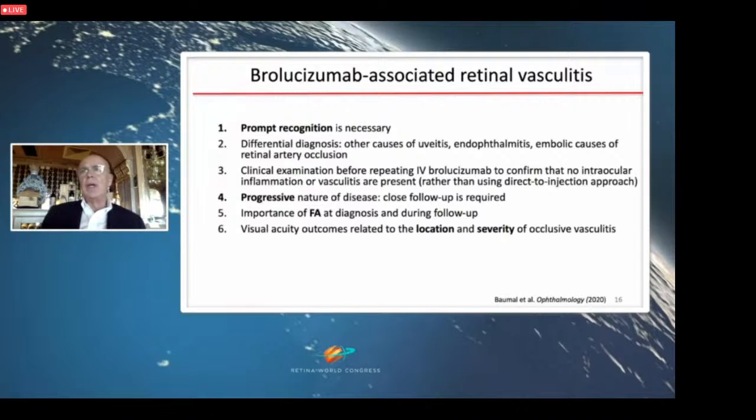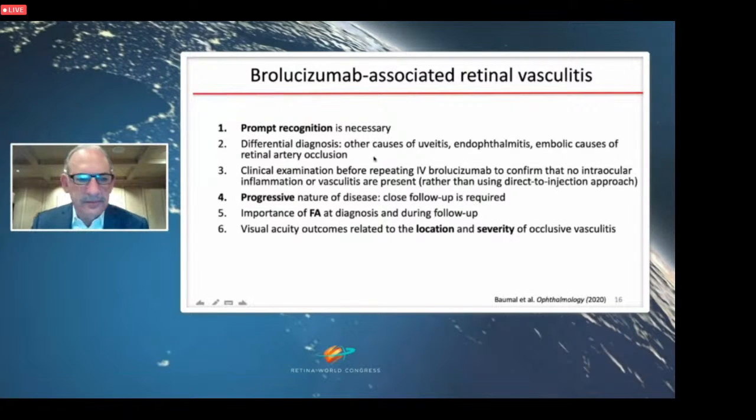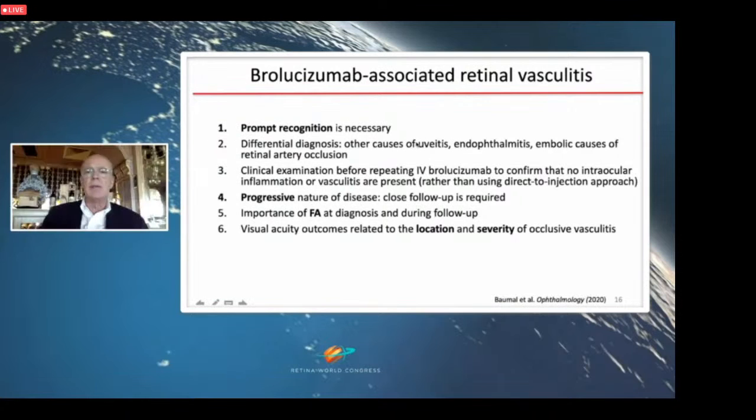So what we can say on the basis of the Caroline paper is, first, that a prompt recognition of this kind of complication is absolutely needed. A differential diagnosis must consider other causes of uveitis, endophthalmitis, and embolic causes of retinal artery occlusion.